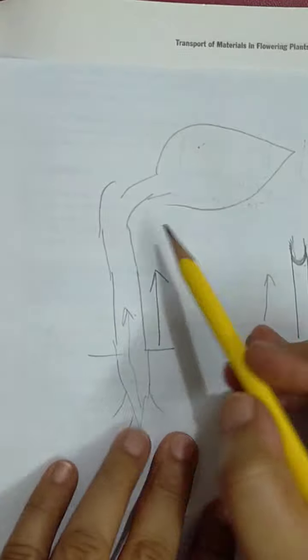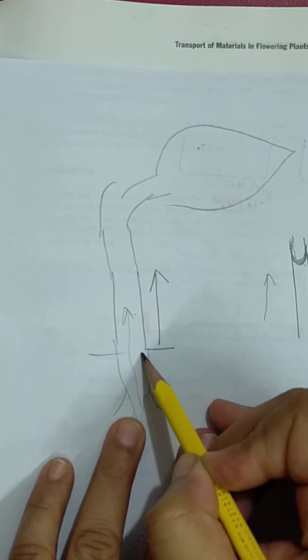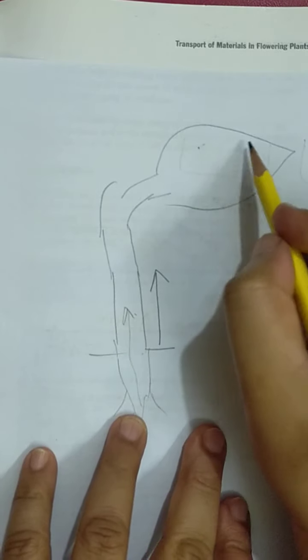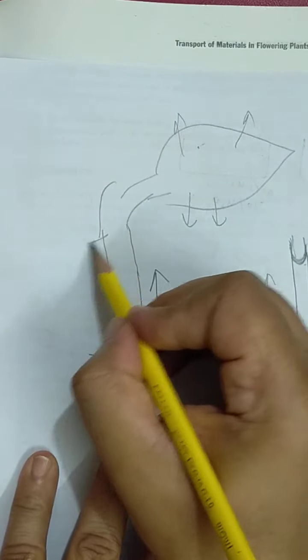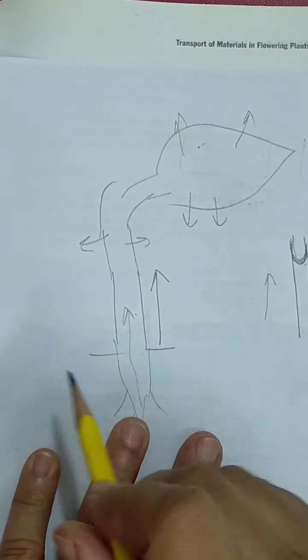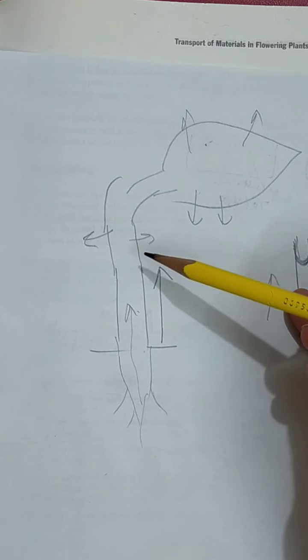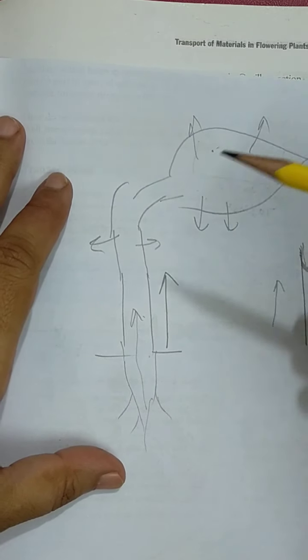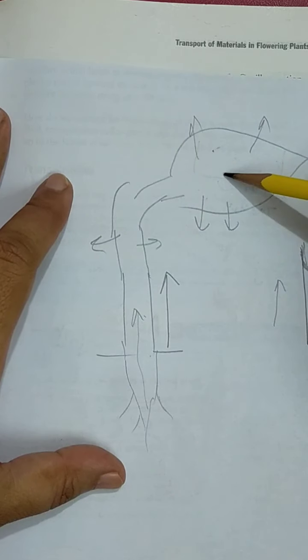What is meant by aerial parts? Aerial parts are the parts of the plant present in the air, such as leaves and stem, through which water is lost. So removal of water from the aerial parts of the plant is called transpiration.